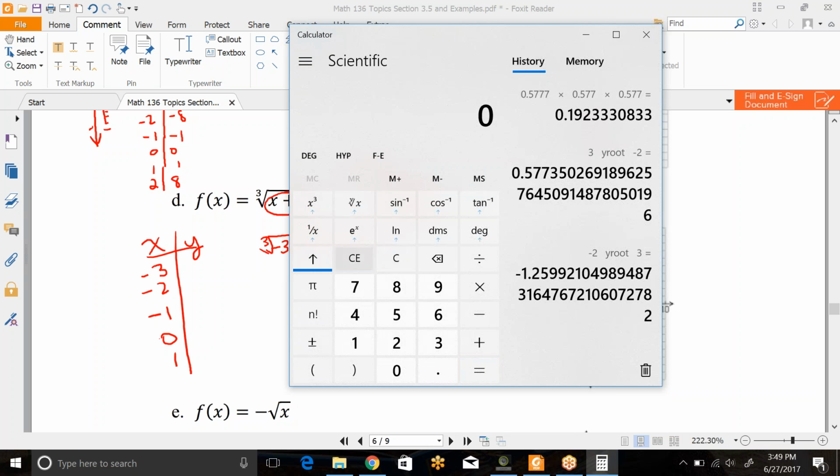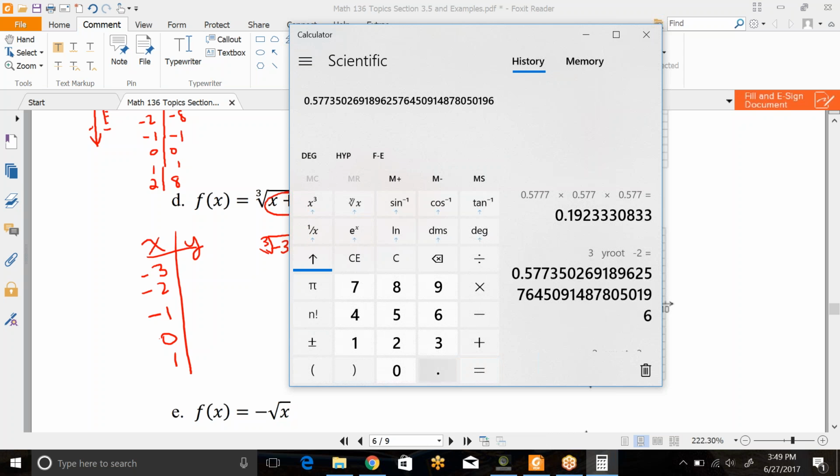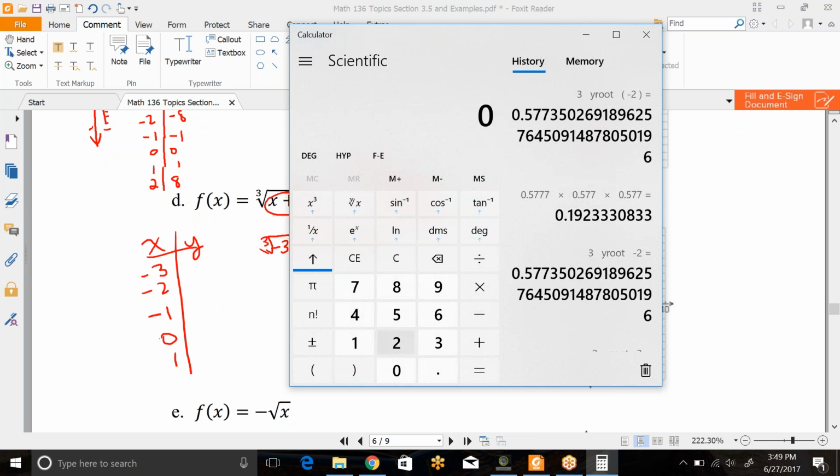That is not the right way for that either. Sorry, give me just a second. This is just a funny calculator. So I think I have to do parentheses. So cubed root of -2. Let's see if that works. No. Let's try -2. So see, your calculator might be easier than this one.